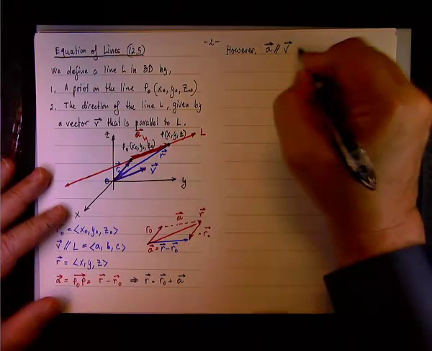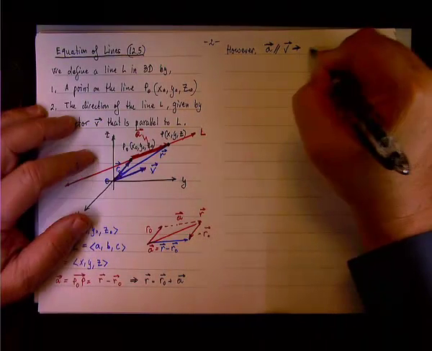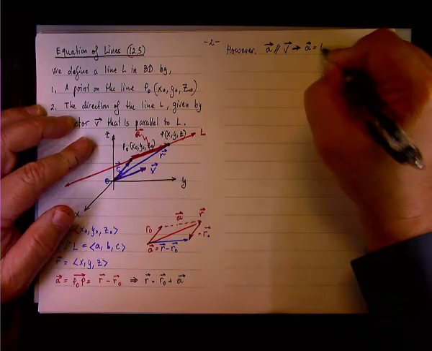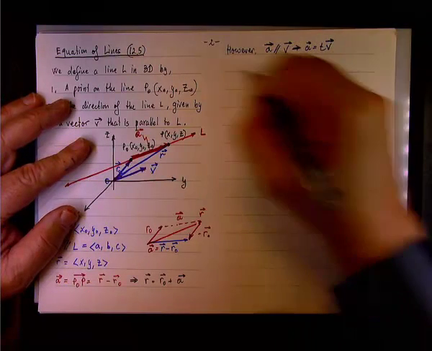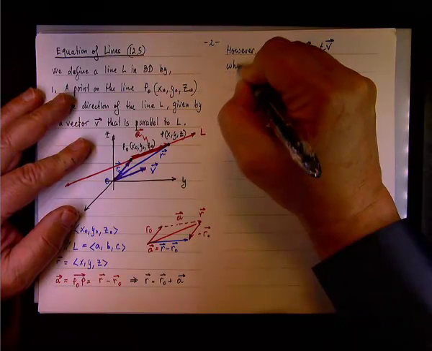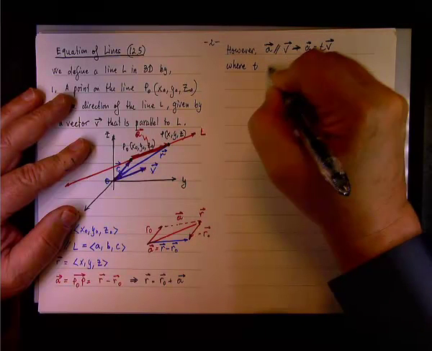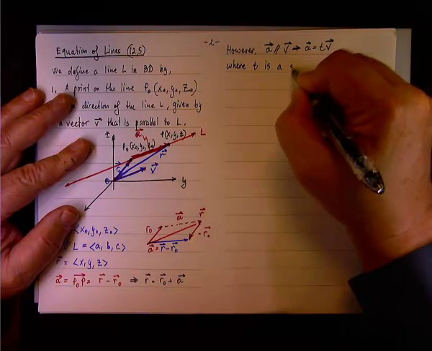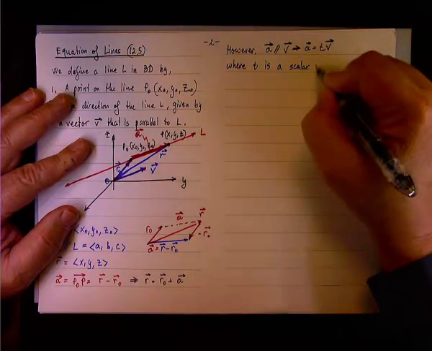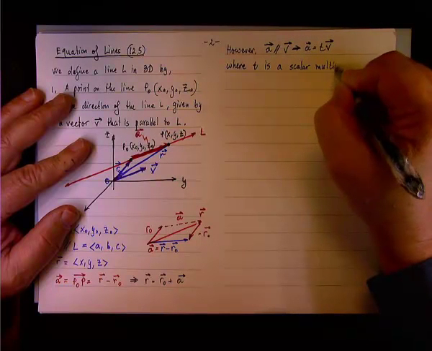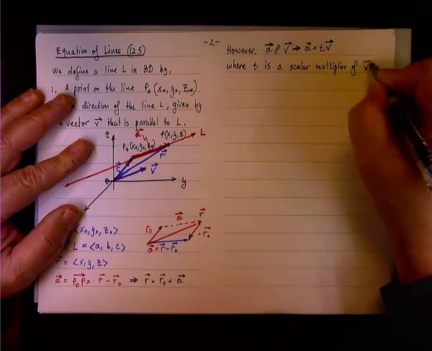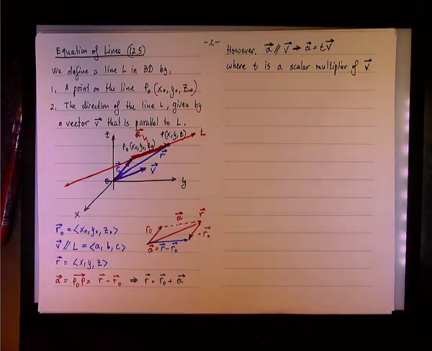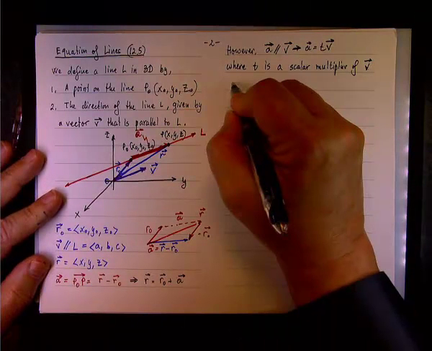So it has the same direction as V, but scaled. Okay? So because they are parallel, we're going to say that A equals T times V, where T is a scalar multiplier of V. Okay?